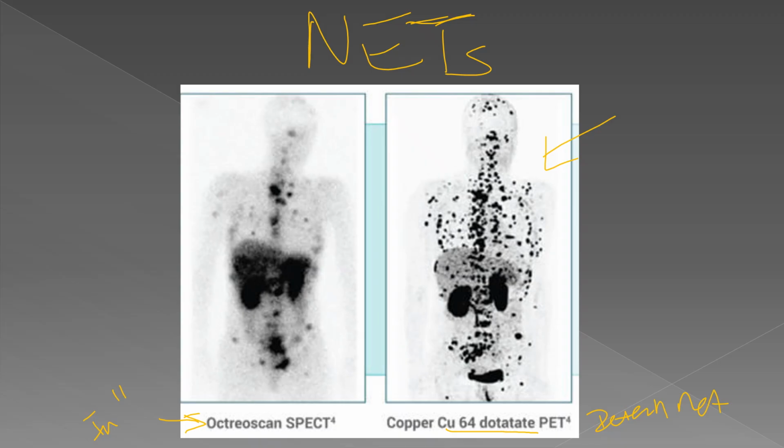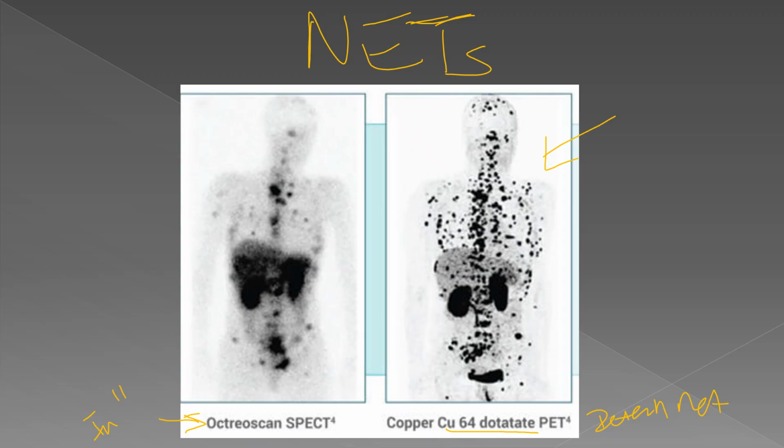Notice that in the copper-64 DOTA-TATE, you really see a lot more tumors, a lot more small tumors than what you saw with the Octreoscan. Back in the day, with the Octreoscan, we would have said, yeah, that patient is definitely positive. But when you look at the copper-64 DOTA-TATE, that just looks awful. So really a lot better for the patient at being able to see the fine details, the better spatial resolution, and the better sensitivity.